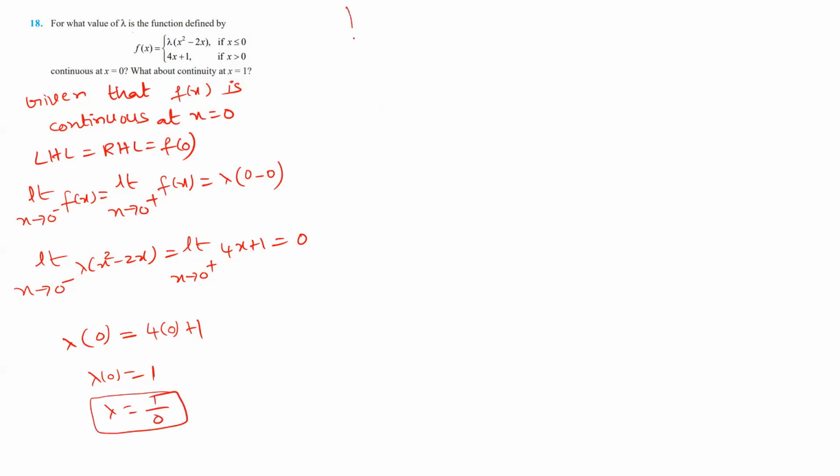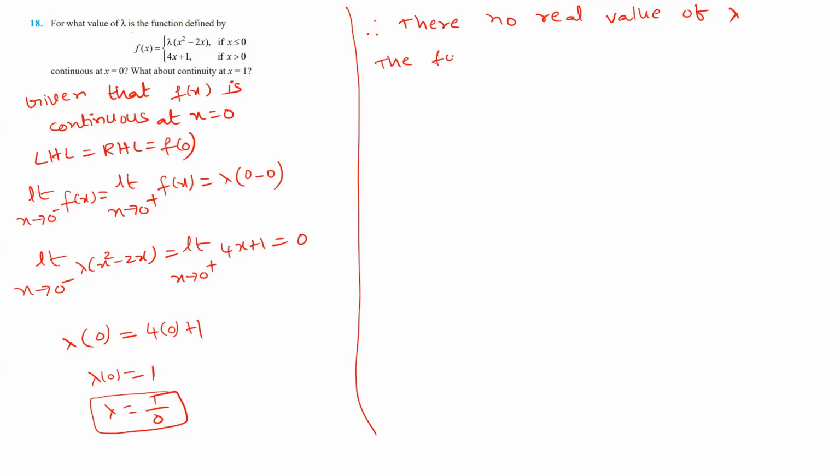Okay. So lambda equal to 1 by 0 we are getting here, and 1 by 0 is not defined. Therefore there is no real value of lambda for which the function is continuous at x equal to 0.